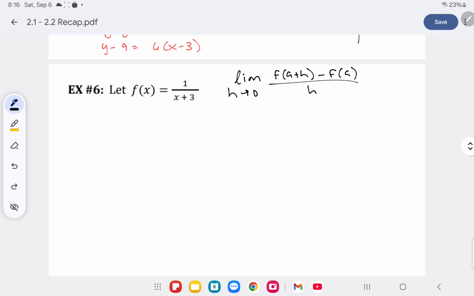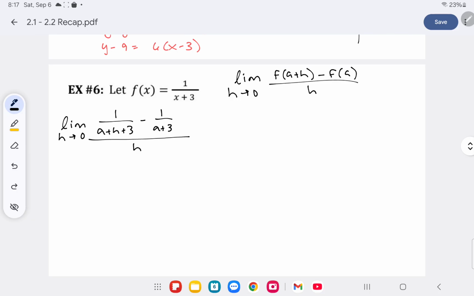So first I'm going to plug in a plus h into this function. So where the x is, I'm going to plug in a plus h. A represents the x value, or later, just x. It will represent just x. Now I'm going to just substitute a. And then all over h.